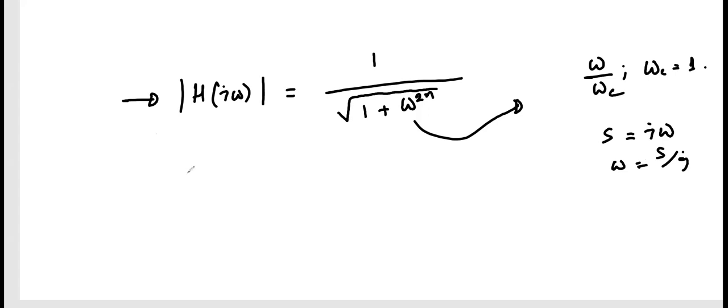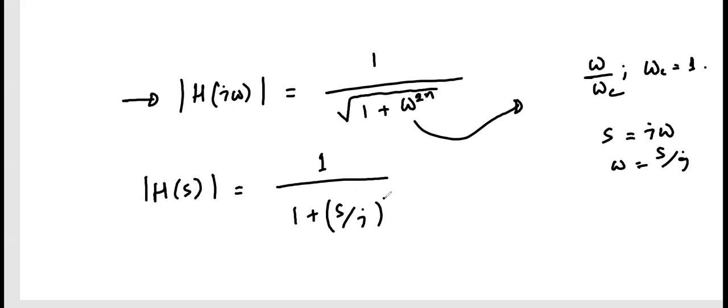Putting that value in the magnitude of H(s), we find that it is equal to 1 divided by the root over 1 plus S divided by j, whole to the power twice n. We are just replacing the value of omega with S.